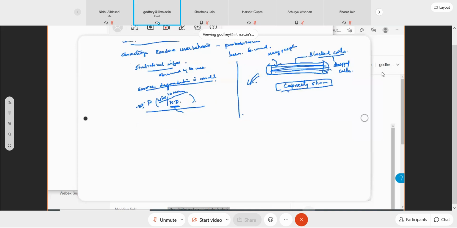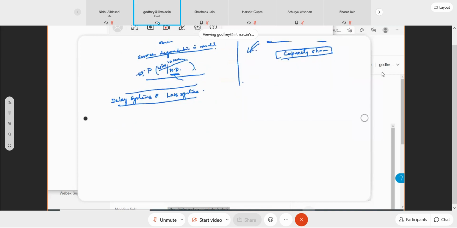Those two major systems of link capacity sharing may be called delay systems and loss systems.